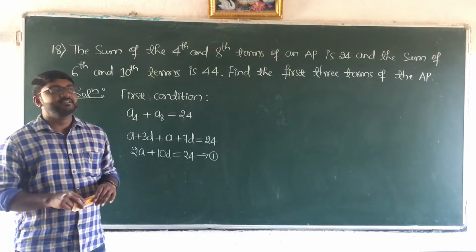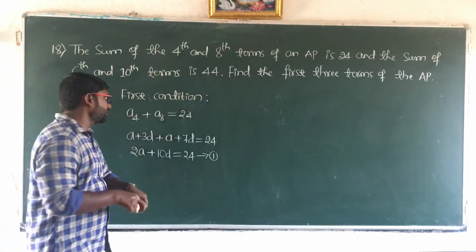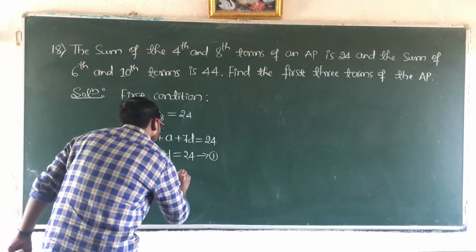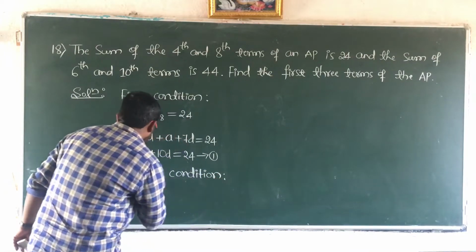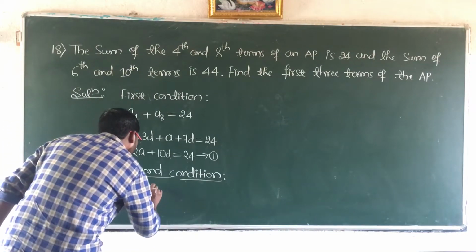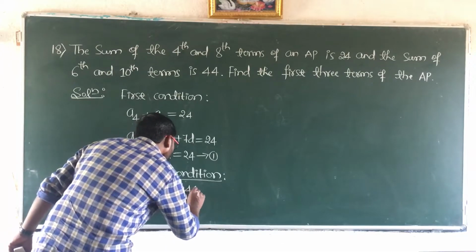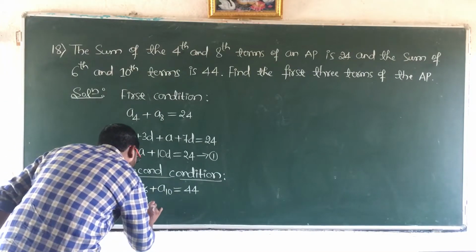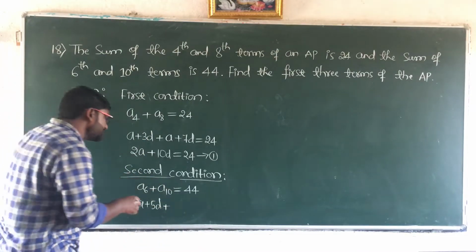We have one more condition now. The sum of 6th and 10th terms is 44. Now I go for the second condition. A6 plus A10 is equal to 44. A6 is A plus 5D, and A10 is A plus 9D.